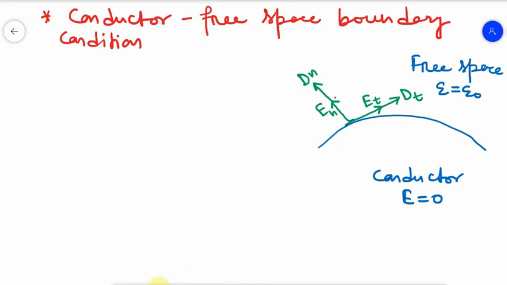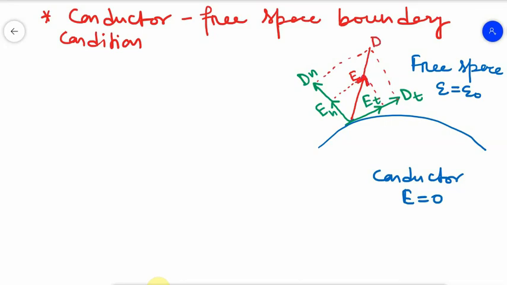The resultant of En and Et will be E, and the resultant of Dn and Dt will be D.